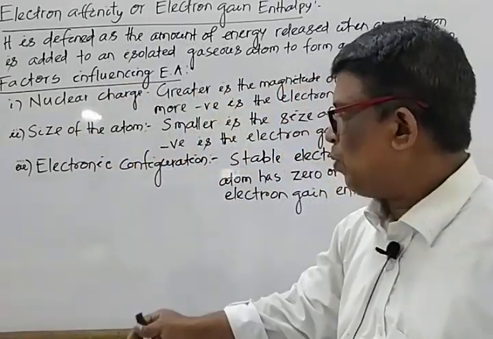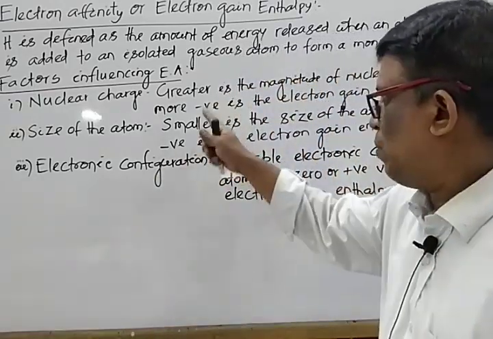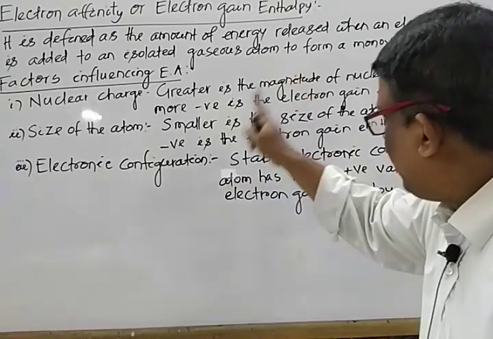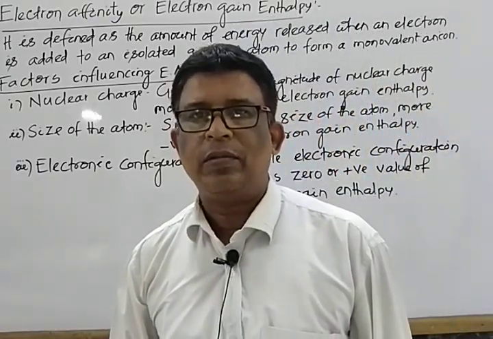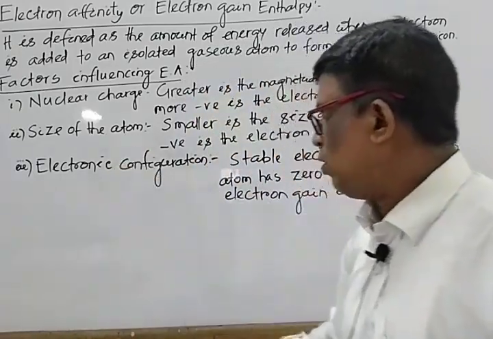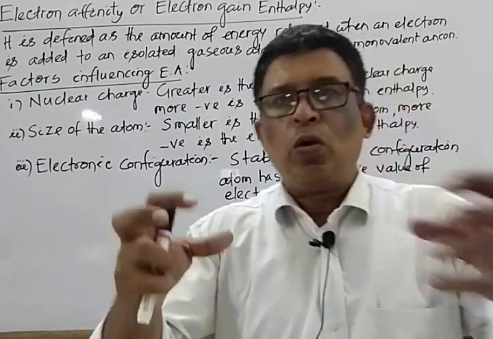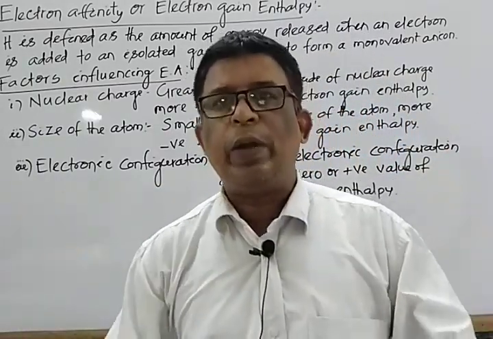Mark these three important points. First, the nuclear charge. Higher the magnitude of nuclear charge, more negative is the value of electron gain enthalpy. Second is the size of the atom. Smaller is the size of the atom, closest approach is there, tightly bonded is there, large amount of energy is released.